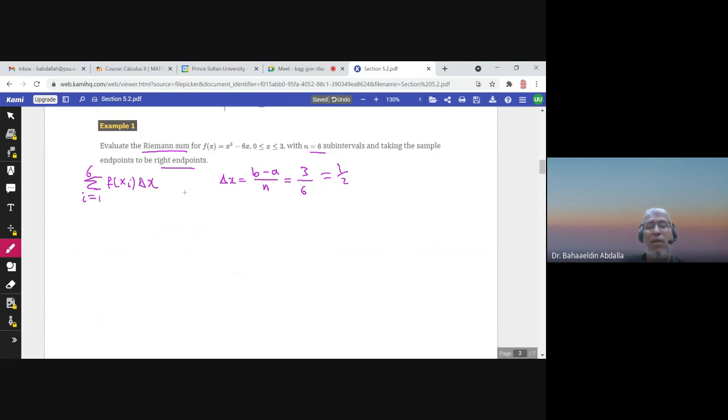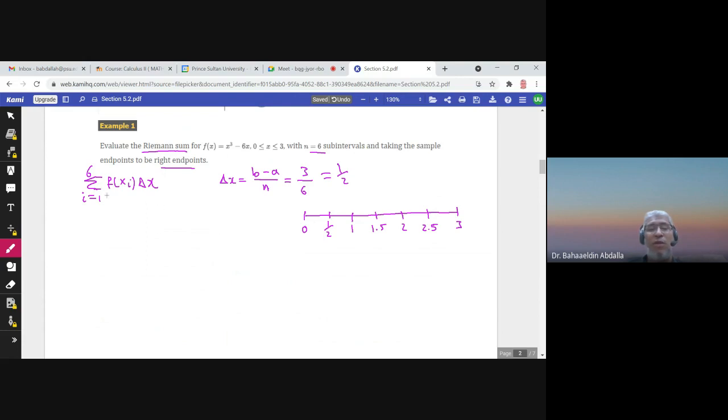Now, delta x is half, and I have x values from 0 to 3. So 0 plus half, half, half plus half, 1, 1.5, 2, 2.5, and 3. These are the 6 subintervals. We are going to use the right endpoints.